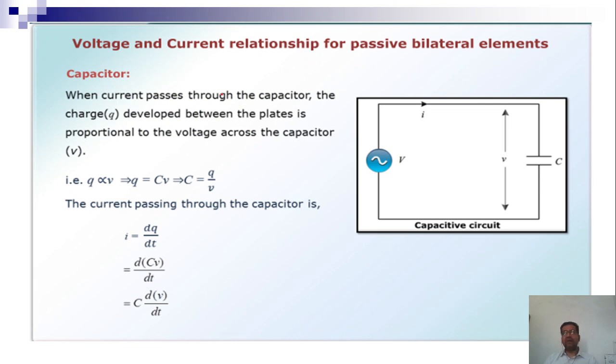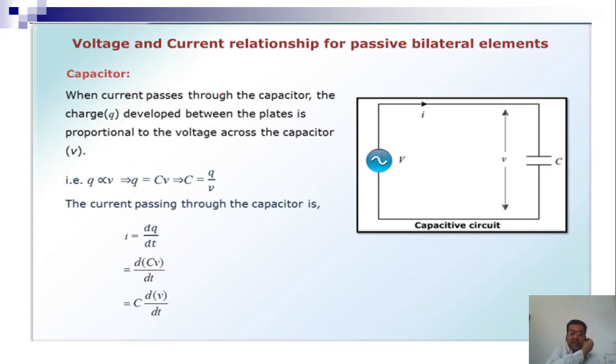The charge developed between the plates is proportional to the voltage across the capacitor. So Q is directly proportional to V, and C is equal to Q by V. The current passing through the capacitor is given by i is equal to dQ by dt.